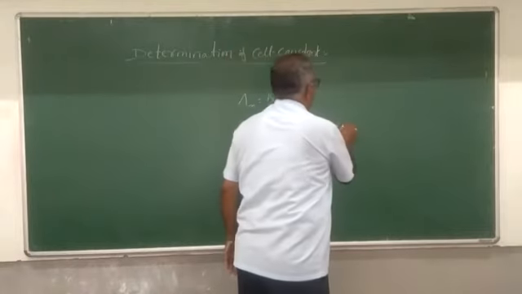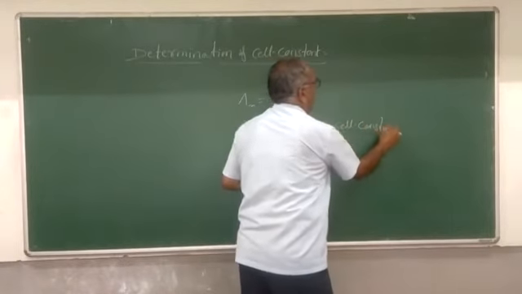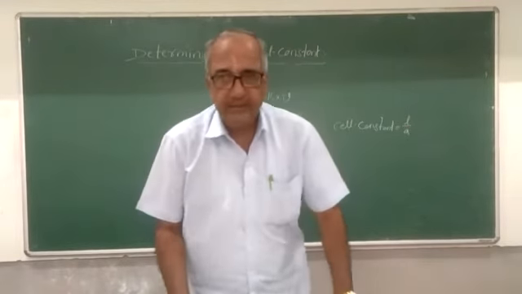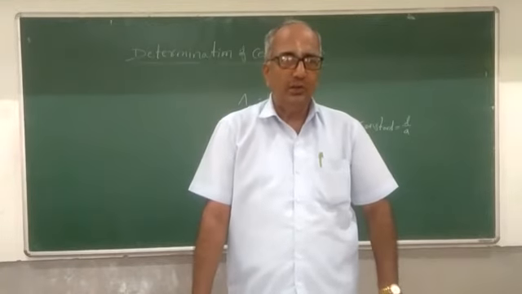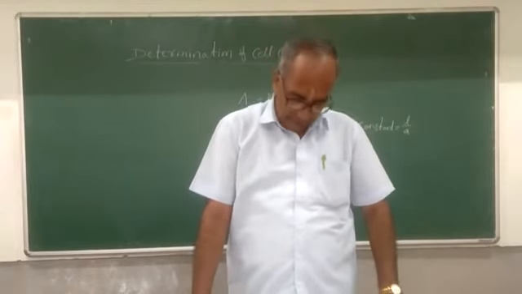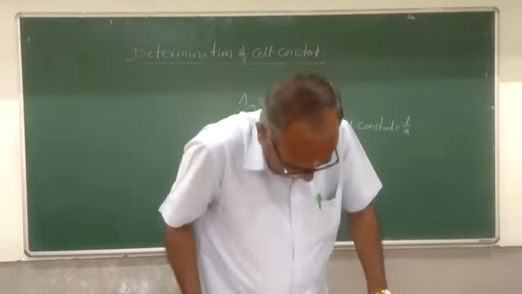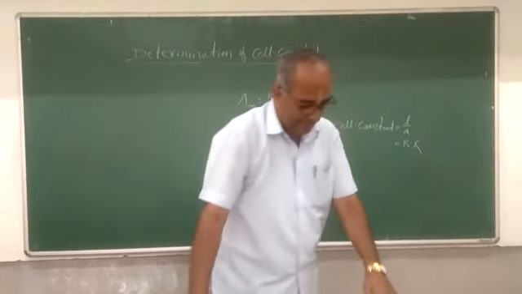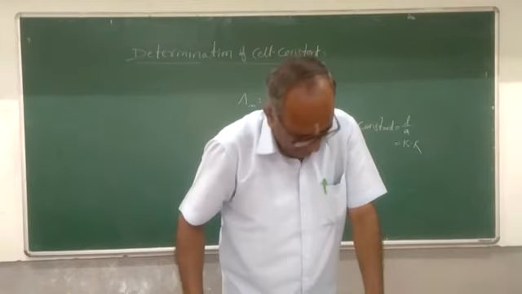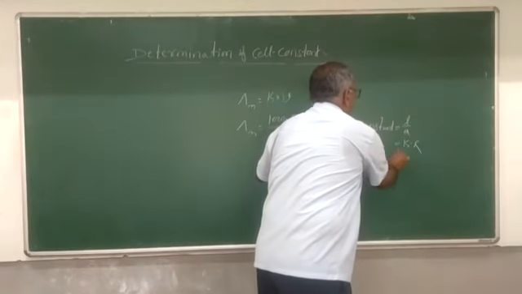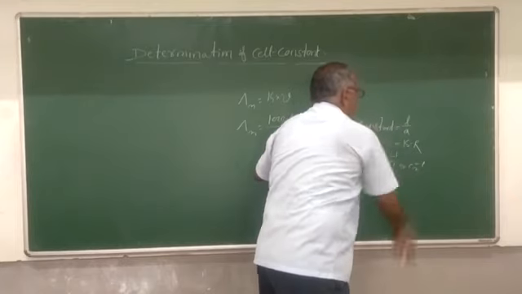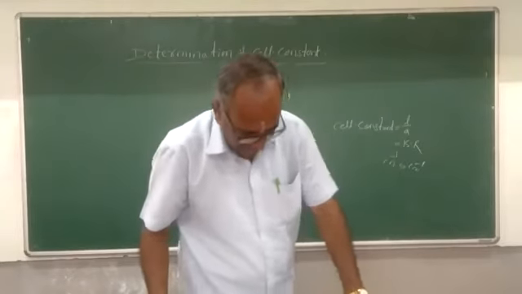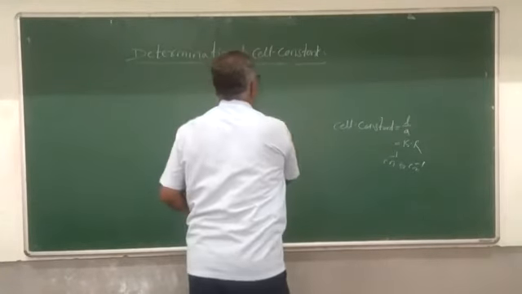Cell constant is equal to L by A. So you can measure the distance between the two electrodes and also measure the area of the cross section of the electrode, and it is equal to K into R, where K is specific conductance, R is resistance, and the unit of the cell constant is expressed either per meter or per centimeter.